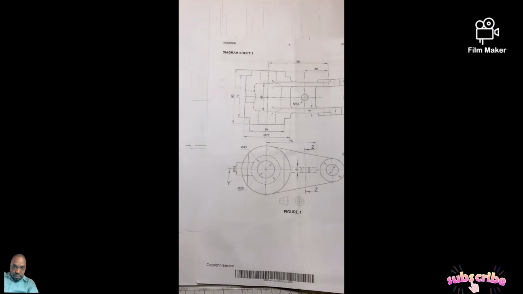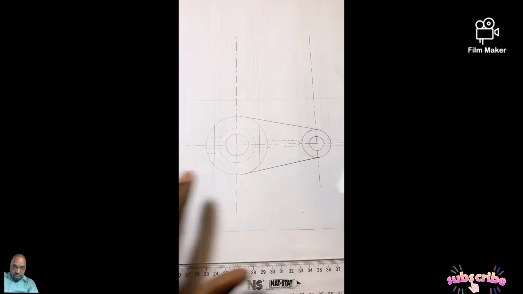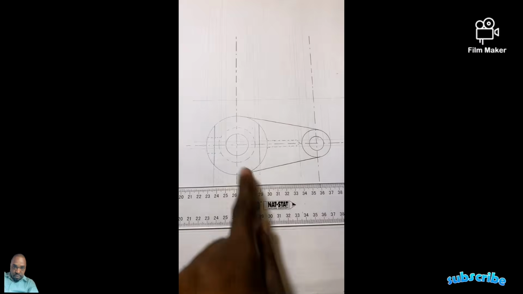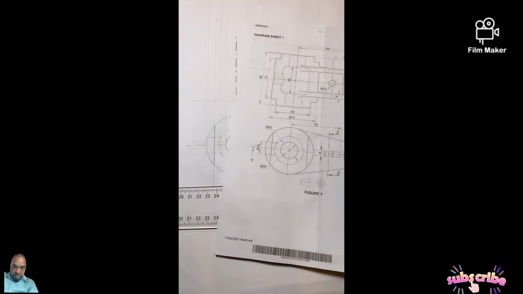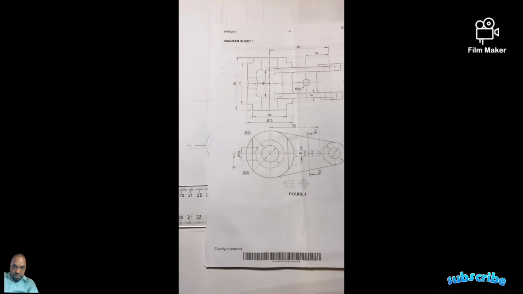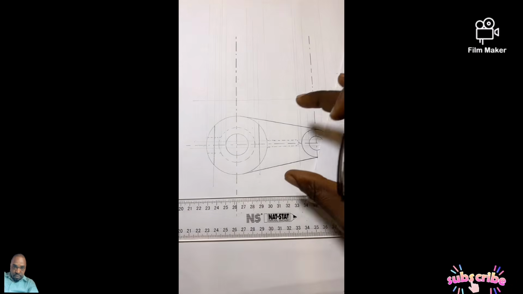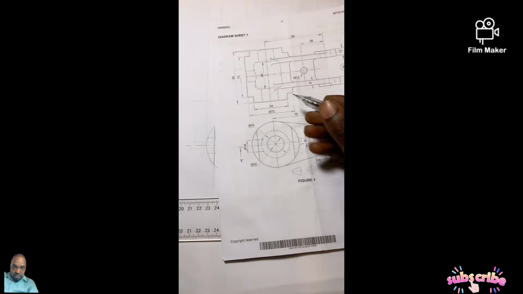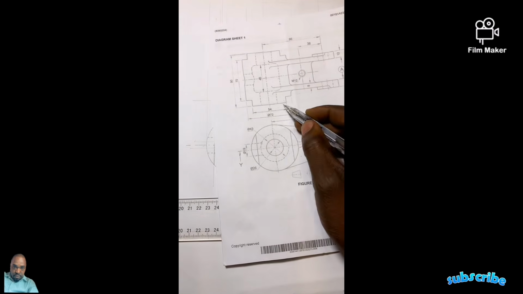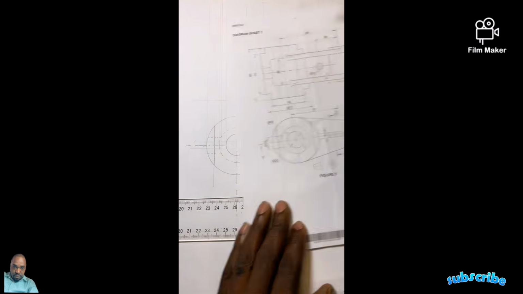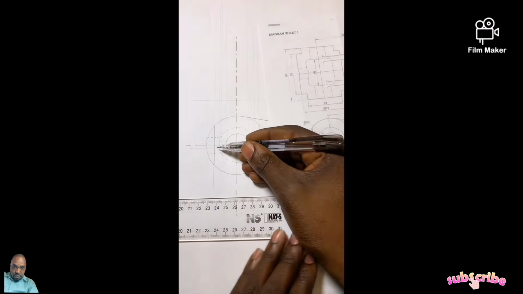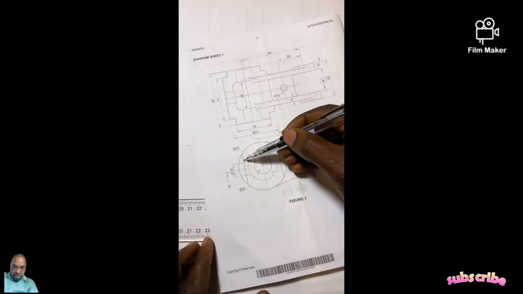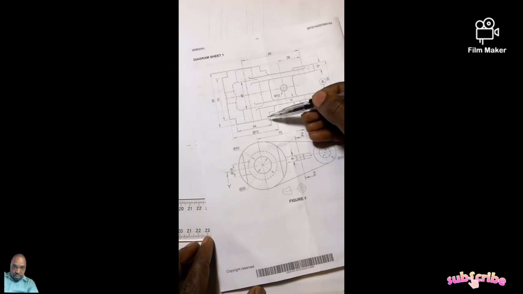I am not going to deal with it anymore, since we've dealt with them by the time we were drawing the top view. So now, for instance, from here till here, this 54, I am not going to measure it. Why? Since we've already dealt with it.